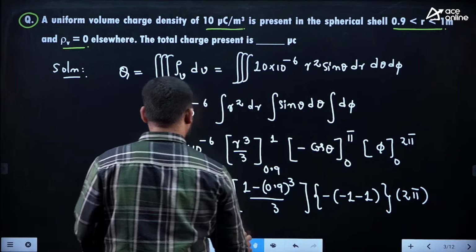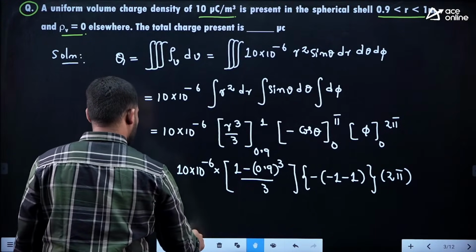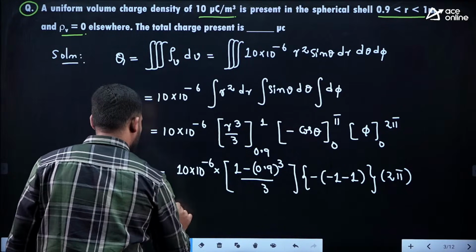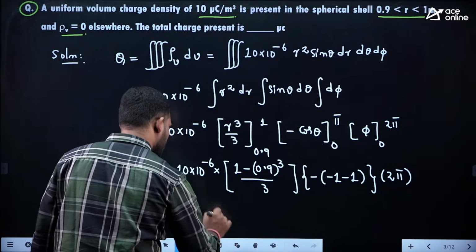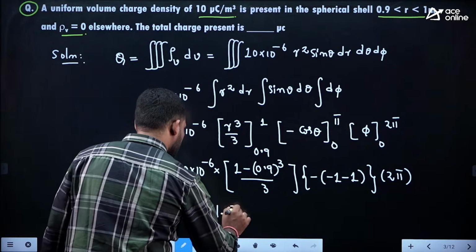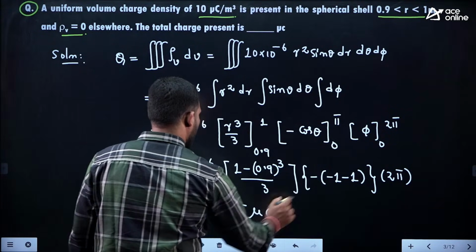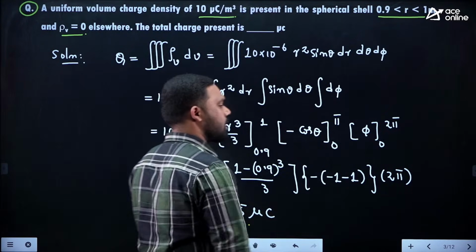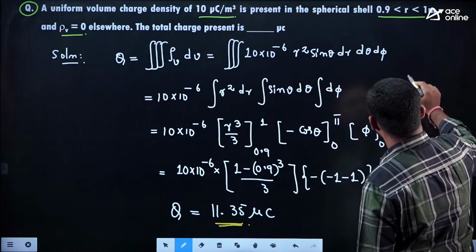We're going to get an answer in micro. So here is the charge Q. You can check, this value turns out to be, my calculator is showing, 11.35 microcoulombs. So 11.35 is the answer. Clear, guys? It is a numerical answer type question.